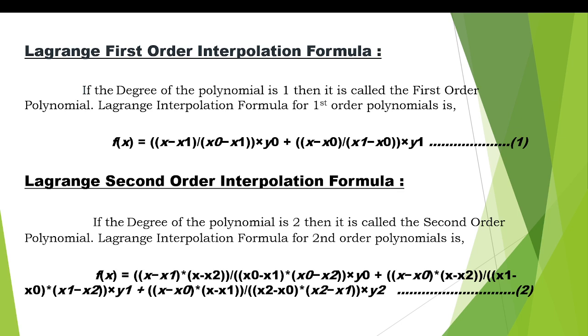And next I have written Lagrange second order interpolation formula. If the degree of polynomial is 2, then it is called the second order polynomial.